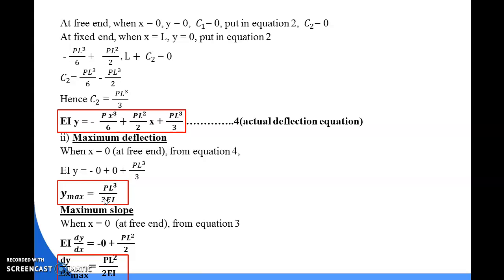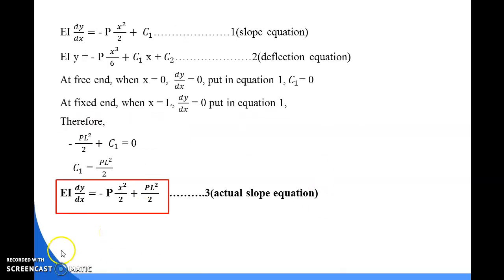And now comes the maximum slope. So we know that at the free end the maximum slope will be there. So again we have to put x equal to 0 in the actual slope equation. So by putting x equal to 0, this term will be 0 because x is there.